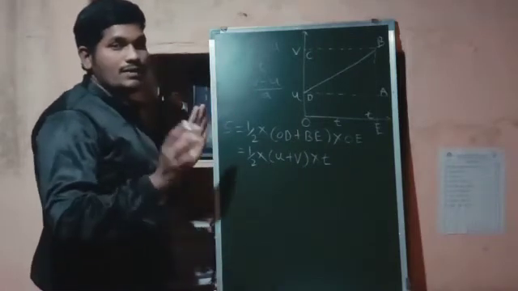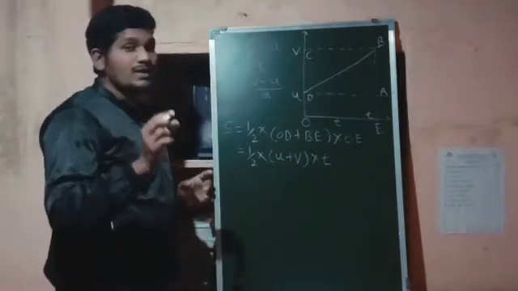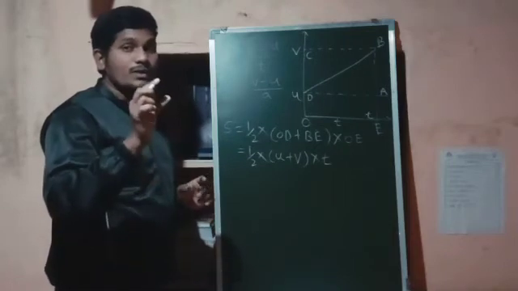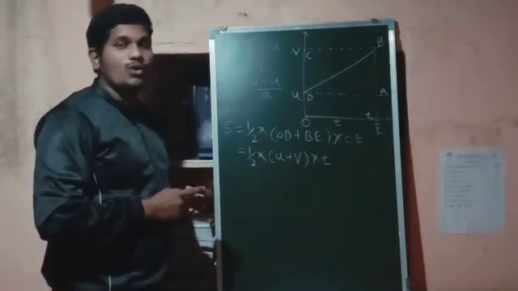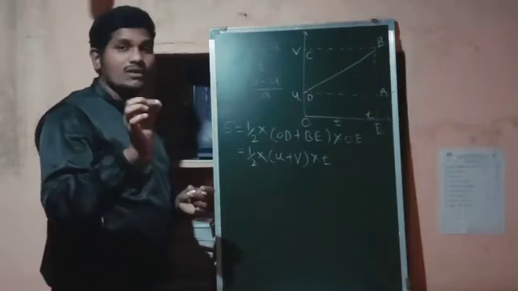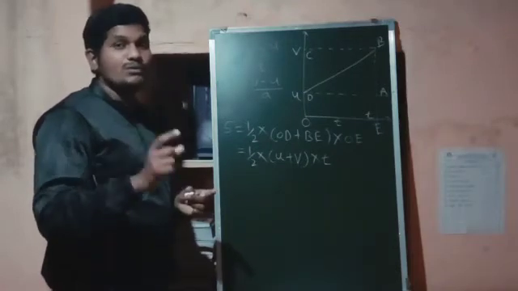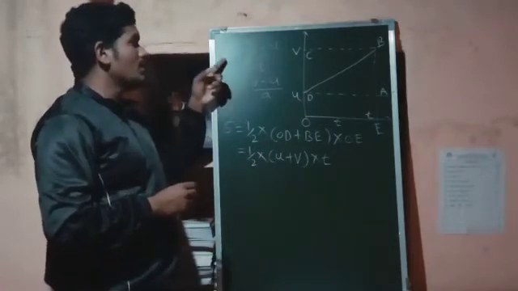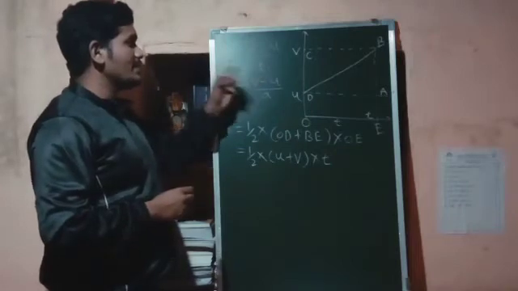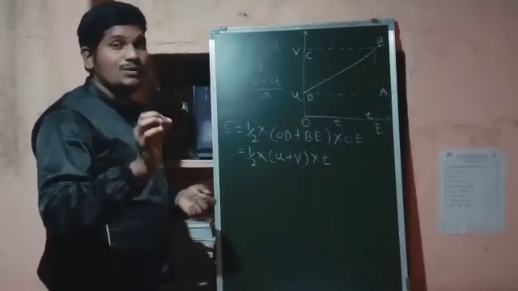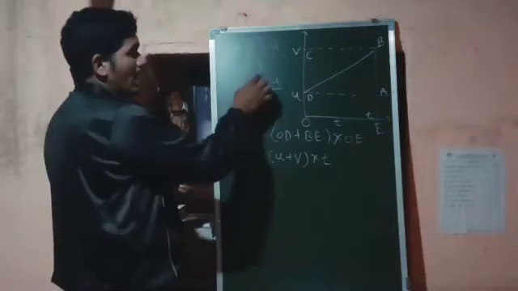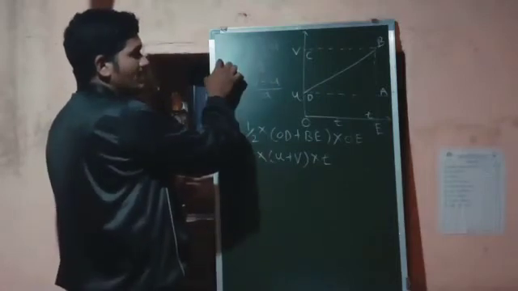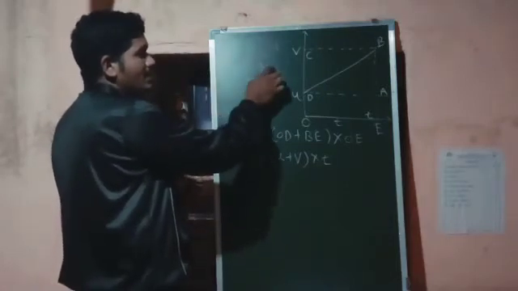I will tell you one more time. We have to find out the value of T. For that purpose I have used the formula of acceleration, which is V minus U by T. Now as I want the value of T, I will take T at this side of the equal sign and A will be in the denominator.